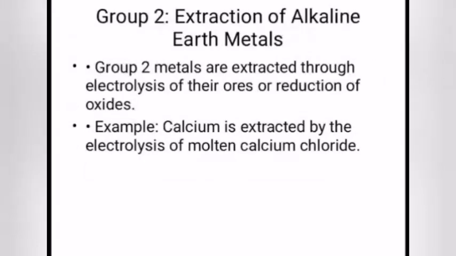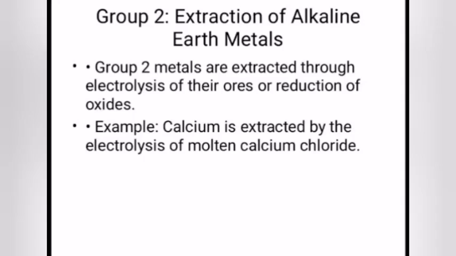For group two elements, the alkaline earth metals, they are extracted through electrolysis of their ores, or by reduction of their oxides. If you reduce an oxide, let's say calcium oxide, by reacting it with something that has hydrogen, like a hydride, you can get calcium metal.